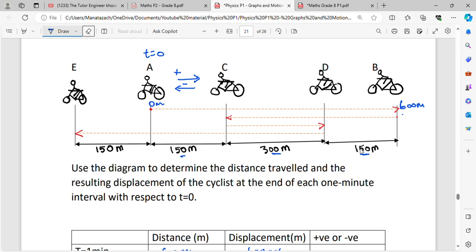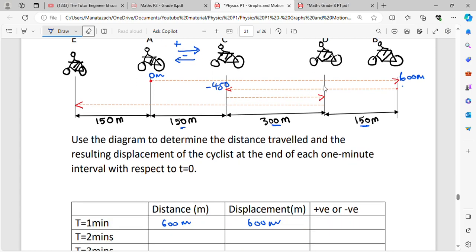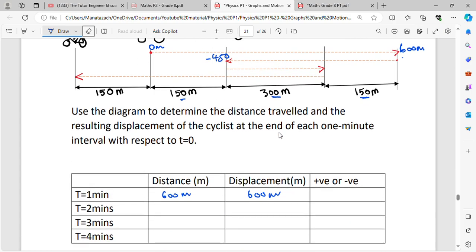So minus 150 minus 300, that will be minus 450. So when you put minus 450 and 600 together for a displacement, it will give us 150 meters.